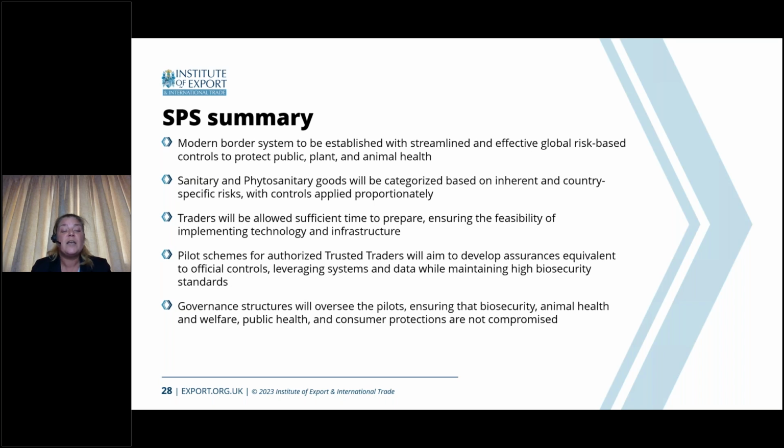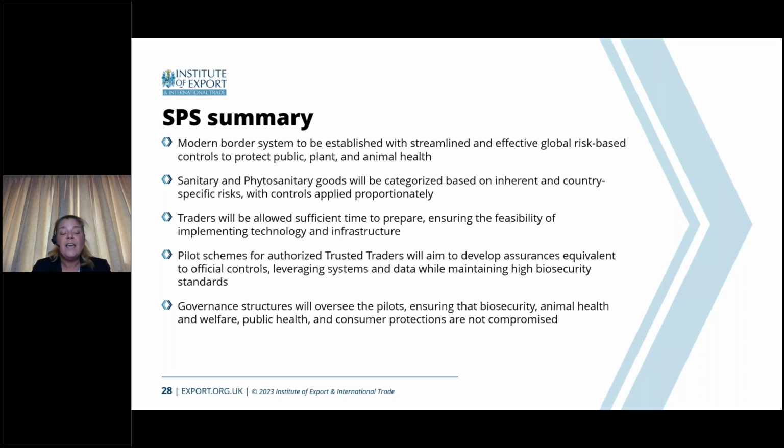So all of these steps that have been taken in the changes within our customs industry in the last few years, such as CDS, the TOM model, and the single trade window, are all designed to move us forward to be a much more active member on an international trade stage. Specifically, the sanitary and phytosanitary goods will be categorised based on their inherent and country-specific risks.